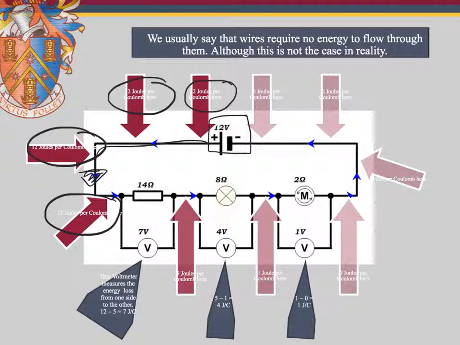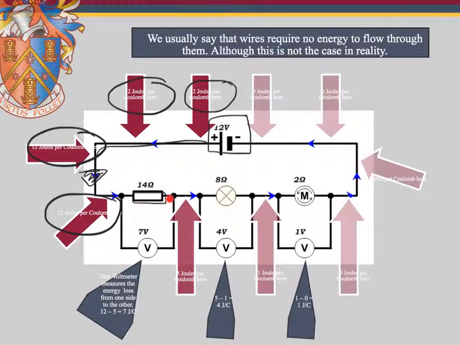So as it gets to this 14 ohm resistor, as it gets there, it will lose energy. Okay, and in this case, there's 12 joules on this side, and then as it goes through, it ends up with 5 joules on this side. So it's got a voltage, a change of 7 volts, a potential difference.